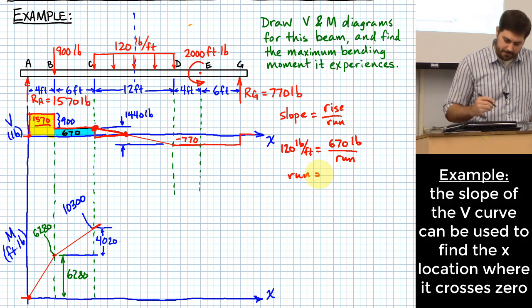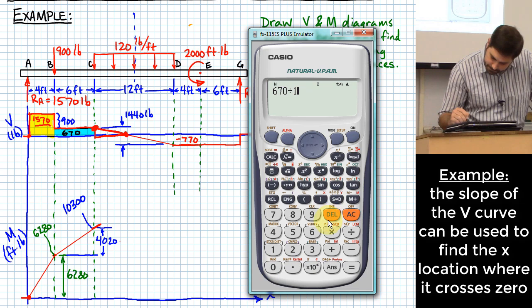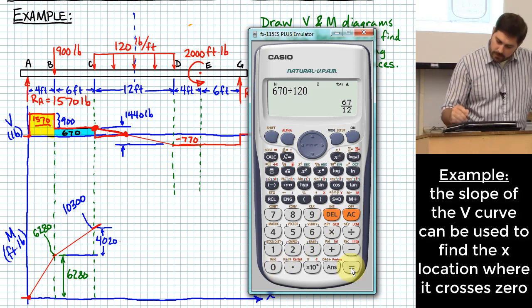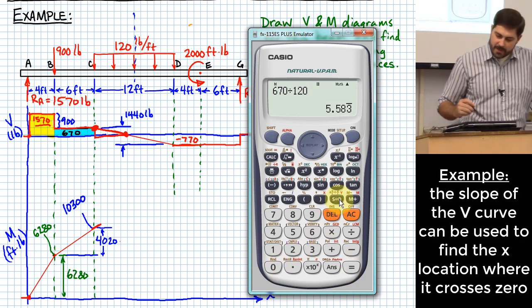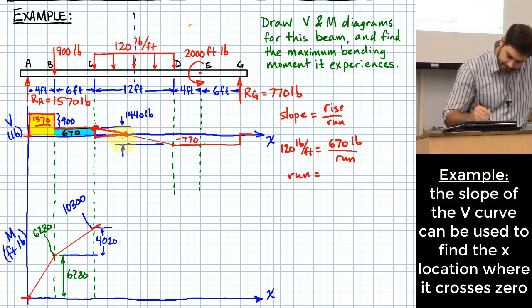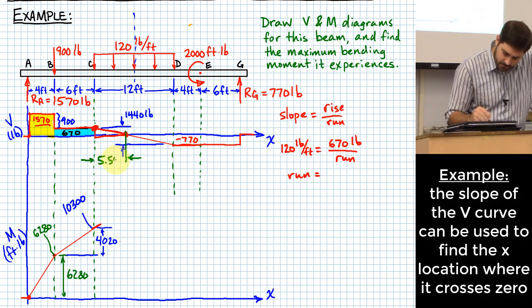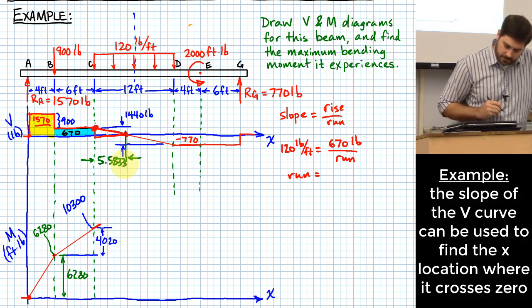Does that make sense? So 670 divided by 120 is 5.58333. So that would be this little length right here, 5.5833 feet.